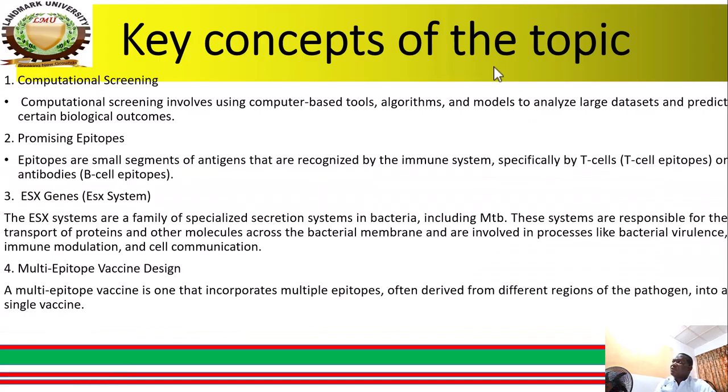The key concepts of this topic include computational screening, that is the use of computational algorithms to analyze and model large sets and predict certain biological outcomes. Promising epitopes. Epitopes are small segments of antigen that are recognizable by the immune system, specifically T and B cells.